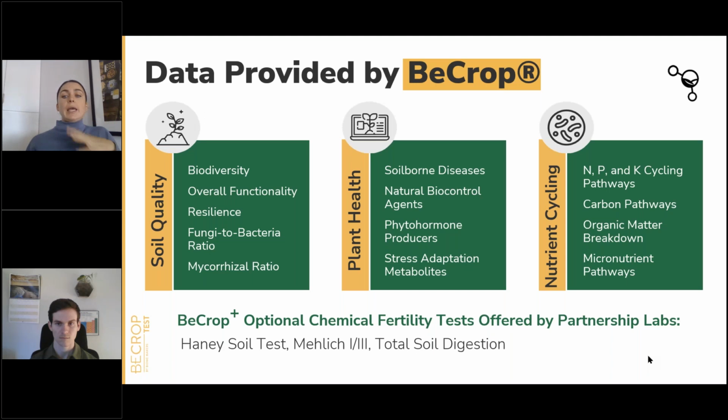So we have 8 micronutrients on our reports as well, which we'll talk about in a bit. But we're really covering the whole plant ecosystem of hormones, disease, and nutrients, and all of the things that are really critical to having a thriving crop and understanding the whole system.